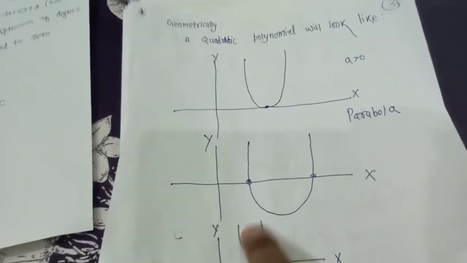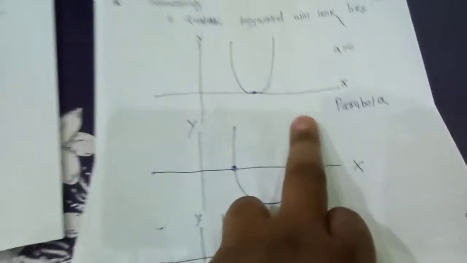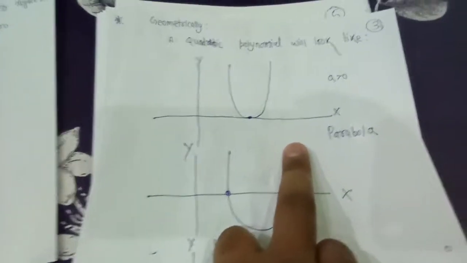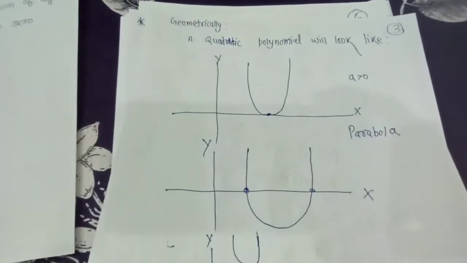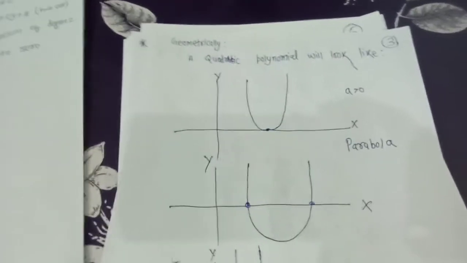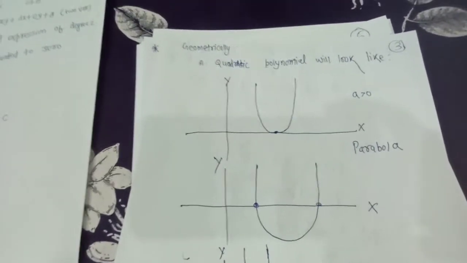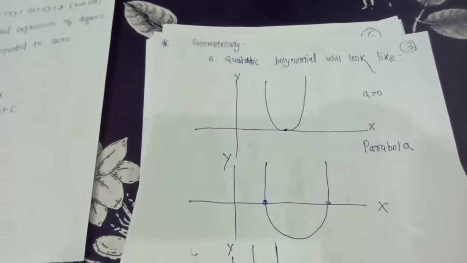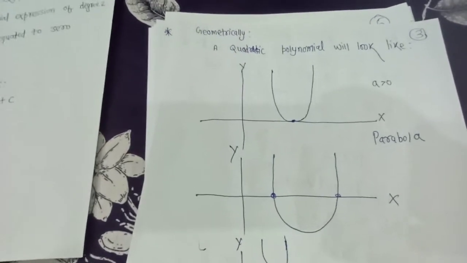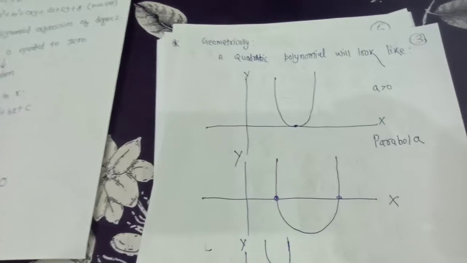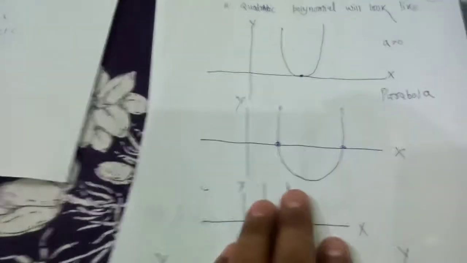This is called a parabola. We will discuss the parabola in 11th standard in detail. In coordinate geometry, we study the parabola and its properties. As of now, we just want to see what a quadratic polynomial geometrically looks like.